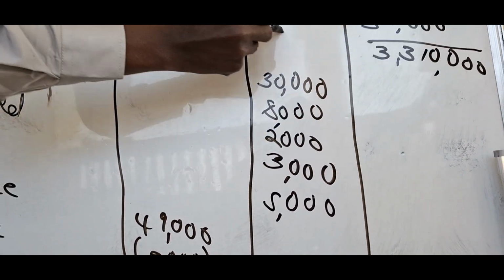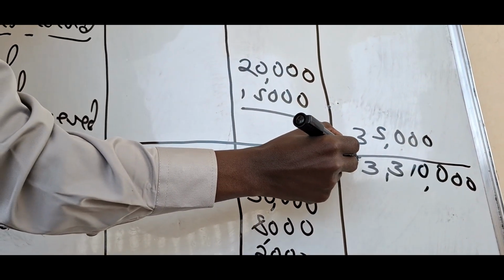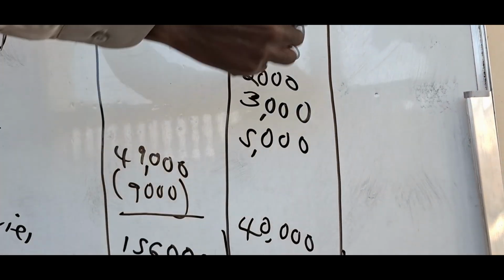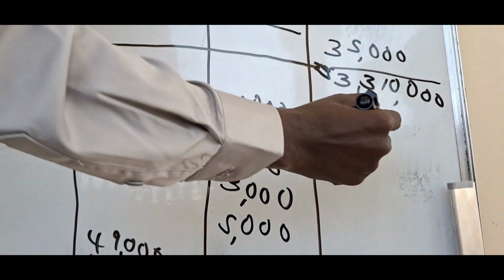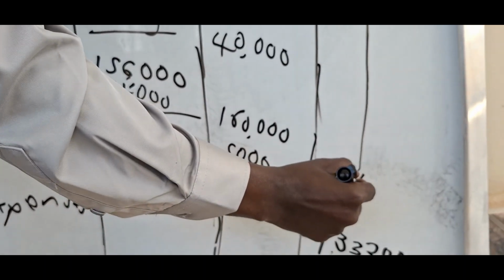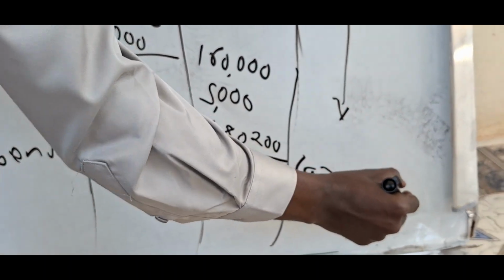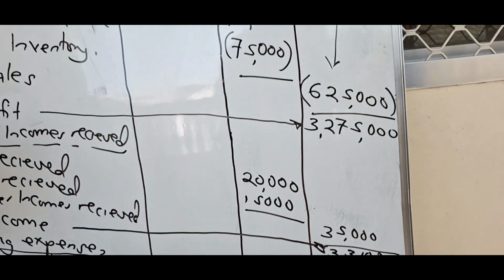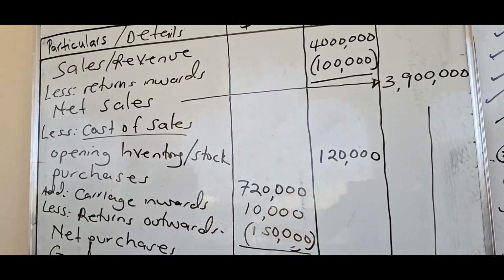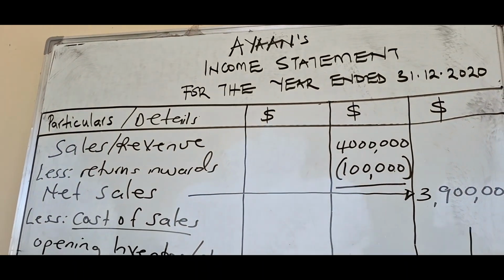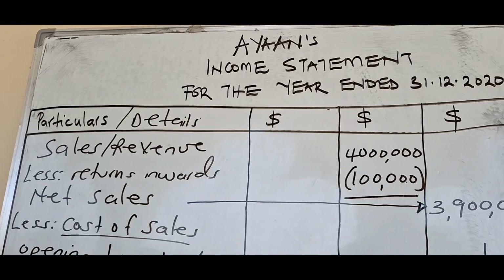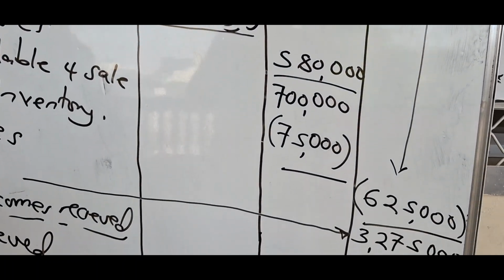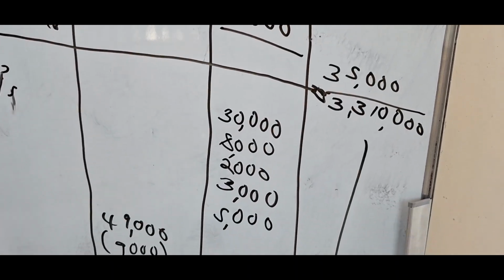So when you look at this, this is your gross income here. Gross income is here, you have operating expense. So when you get your gross income, you subtract your operating expense, this one. Automatically, you are going to get your net income. Your net income of 3,216.